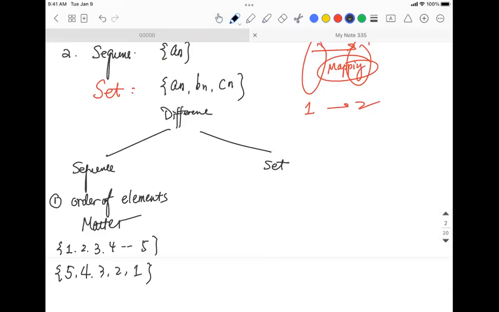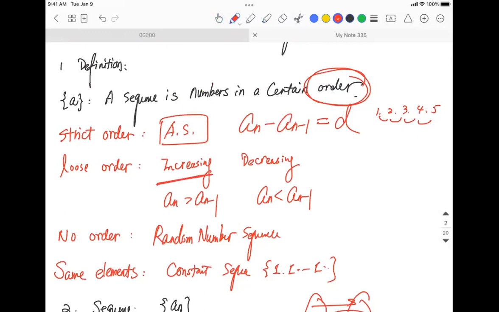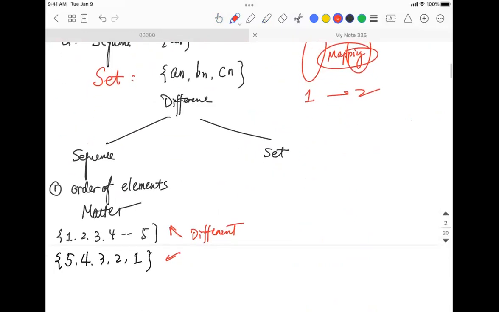So these are two different sequences, because according to our definition, one is increasing and one is decreasing. If you think about it the arithmetic way, the first sequence's common difference is equal to 1, while the second one is equal to -1, right? This is the basic definition.